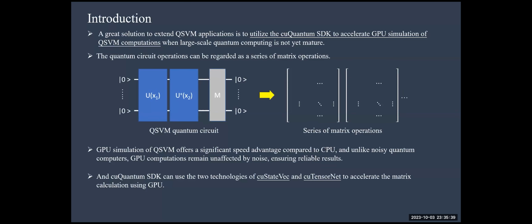The cuQuantum SDK includes the cuStateVec and cuTensorNet technologies. cuStateVec accelerates quantum state vector simulation, and cuTensorNet utilizes tensor network construction to reduce the memory resources needed for quantum circuit simulation.